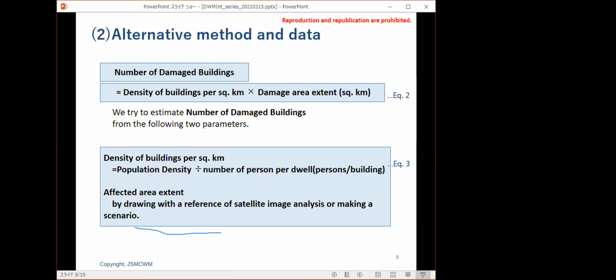The number of damaged buildings is estimated by the density of buildings per square kilometer multiplied by the damaged area extent or affected area extent. And we can estimate the number of damaged buildings from the following two parameters.